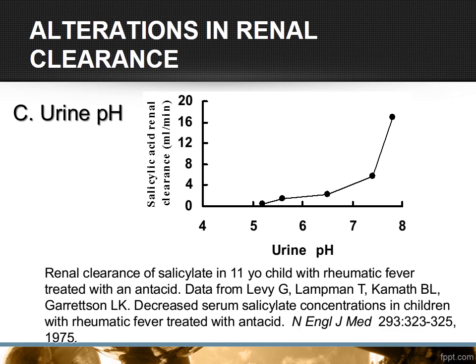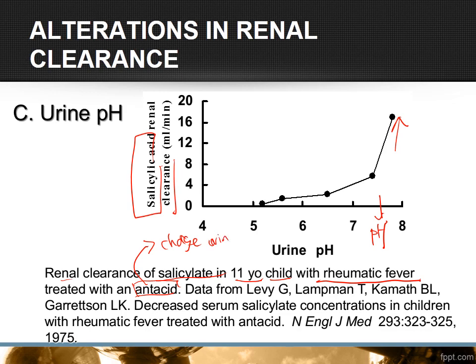This slide shows the example of salicylic acid clearance, which increases when the pH increases. Renal clearance of salicylic acid in an 11-year-old child with rheumatic fever treated with an antacid, because the antacid can cause the change in urine pH.